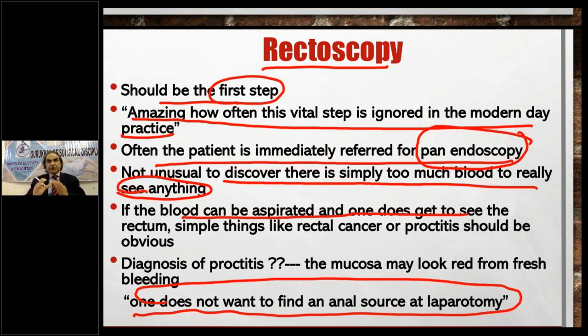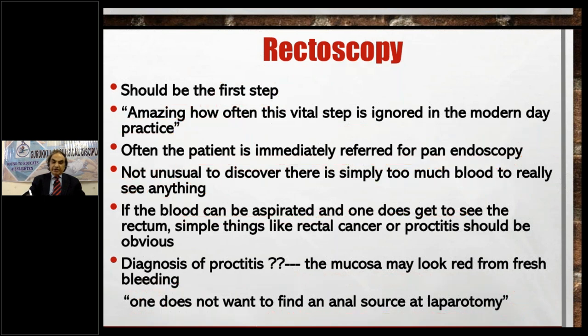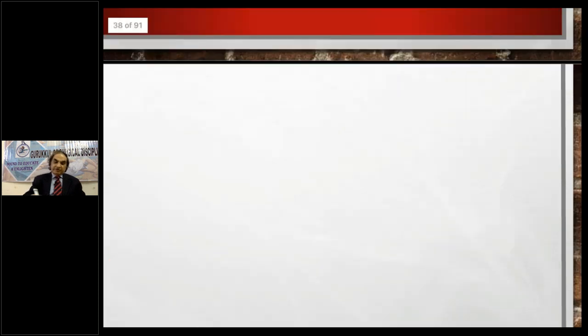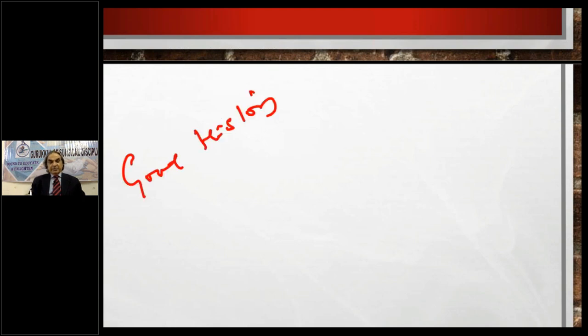If you see a lot of blood there, pushing in some saline, cleaning it up, and doing it a little while later, you'll be able to make a diagnosis. Very, very important. And DRE followed by rectoscopy is mandatory. So if I have to write one thing, in fact two things which you must do: one is a good history. Has he bled in the past also? Does he have any history suggestive of hemorrhoids?